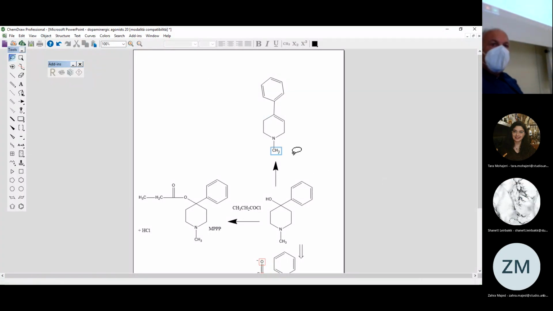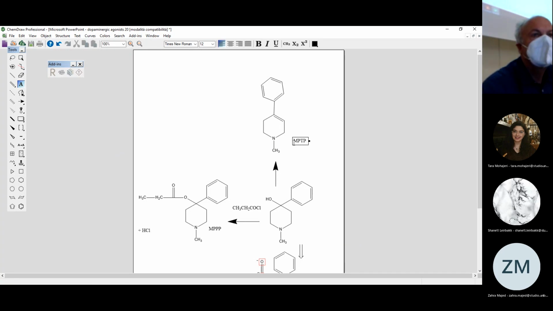So, the problem was at this point. Because the final product was formed by a mixture of MPPP with this other compound with this double bond, called MPTP.